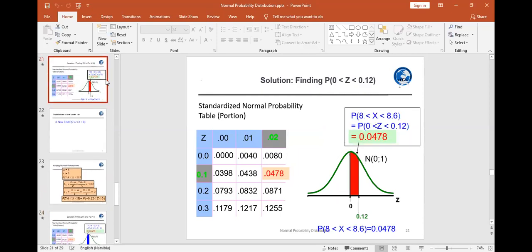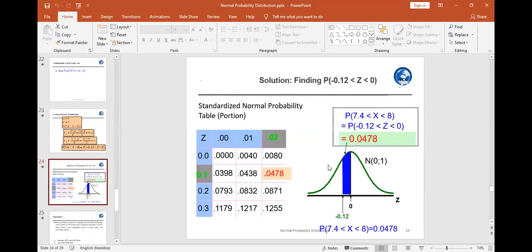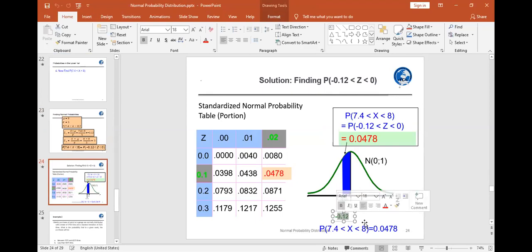So you were on the right area, or the distance remains the same. So the probability, remember, even if you're getting a negative, a Z value can be negative, it can be positive, it can be 2, it can be 3.